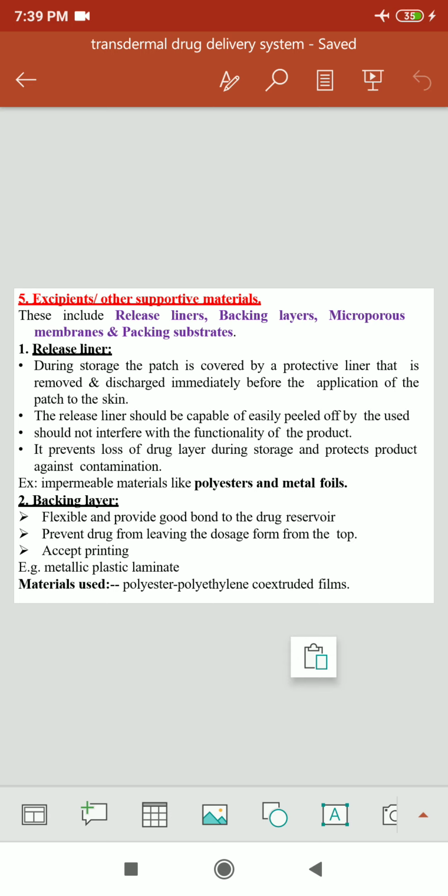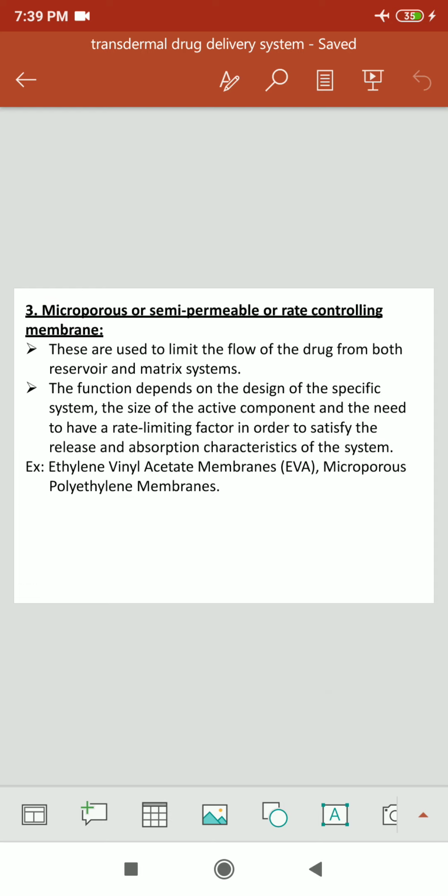Next is the backing layer. They are flexible and provide a good bond to the drug reservoir, and they accept printing. So on the backing layer, companies are applying the logo printing. Examples are polyester, polyethylene, co-extruded film.